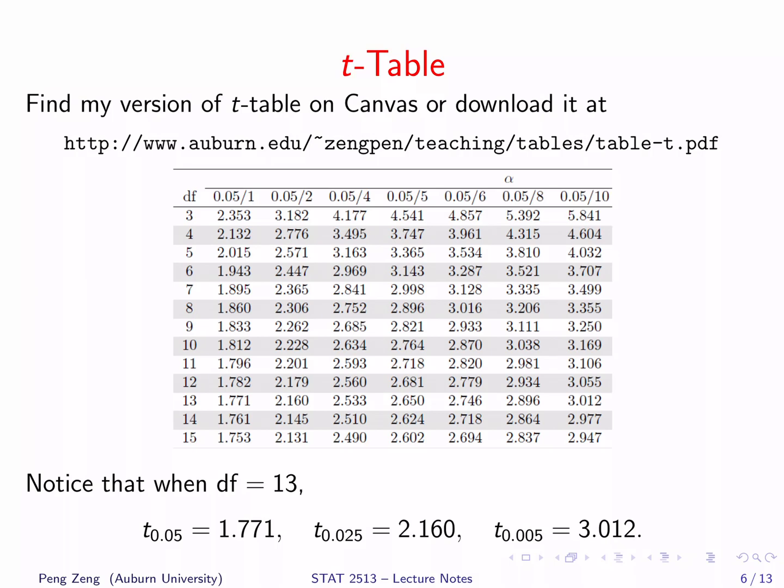For t.025, just look at the column corresponding to 0.05 over 2. The value is 2.160. For t.005, just look at the column corresponding to 0.05 over 10. The value is 3.012.